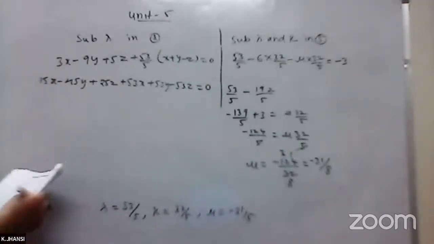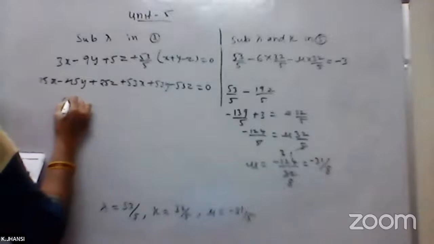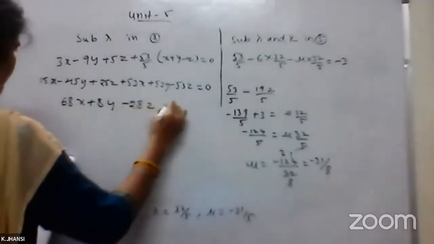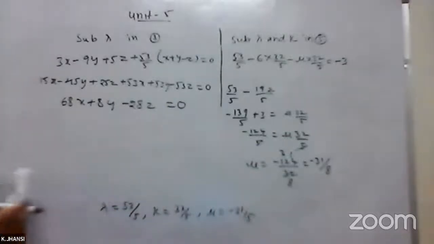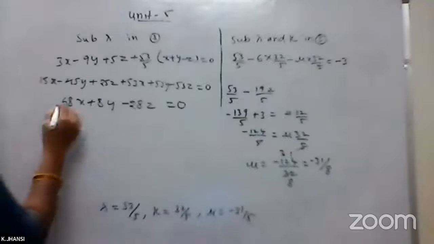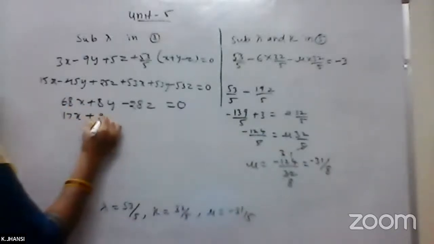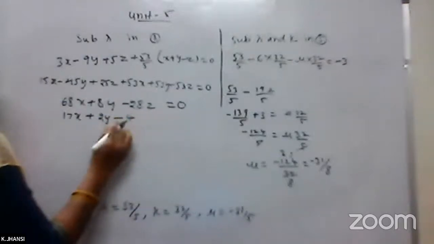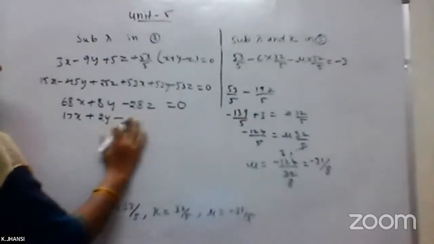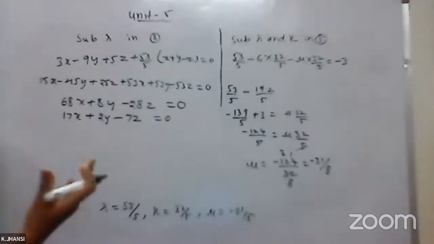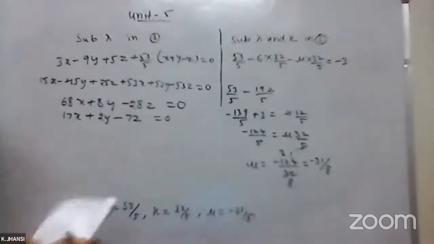So if you simplify this, you will get it as 68x plus 8y minus 28z equals to 0. And if you take 4 common from this, it is 17x, 2y minus 7z equals to 0. Okay. This is the 9th equation.